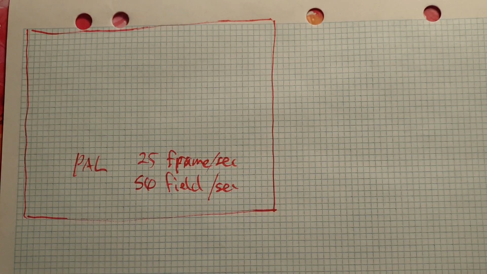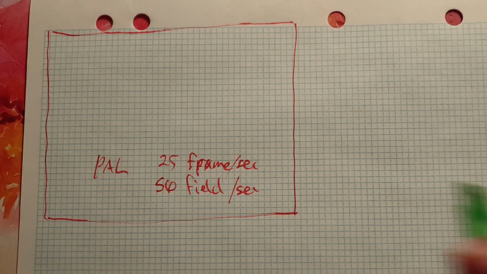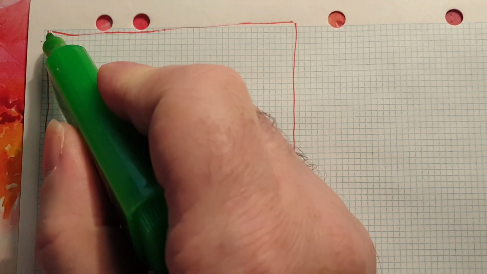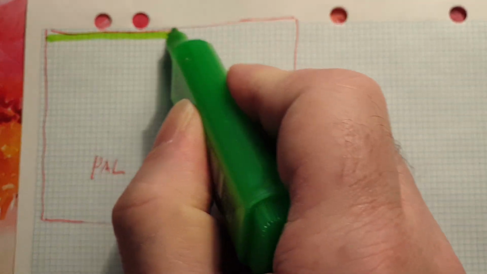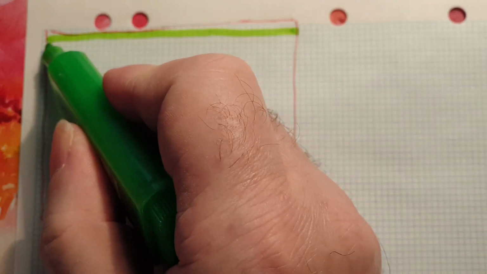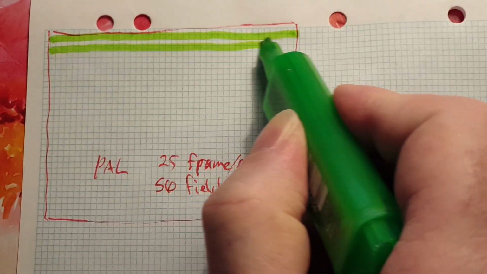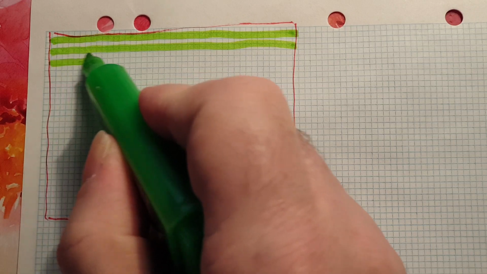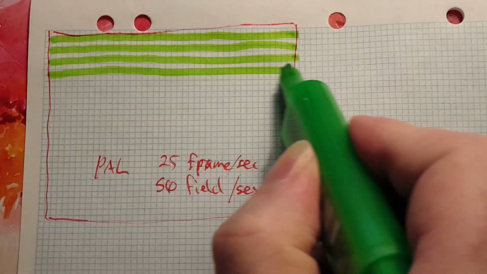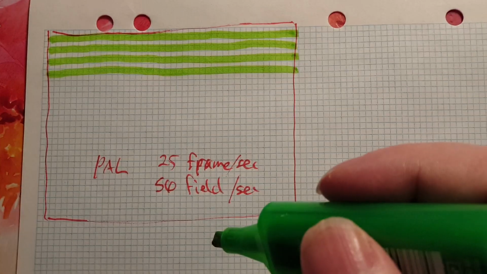Interlaced video in the old days: the camera would scan from the top of the screen down to the bottom, line by line. So the first line of video would be scanned, and then the third line, and then the fifth line, and then the seventh line, all the way down to the bottom of the screen.